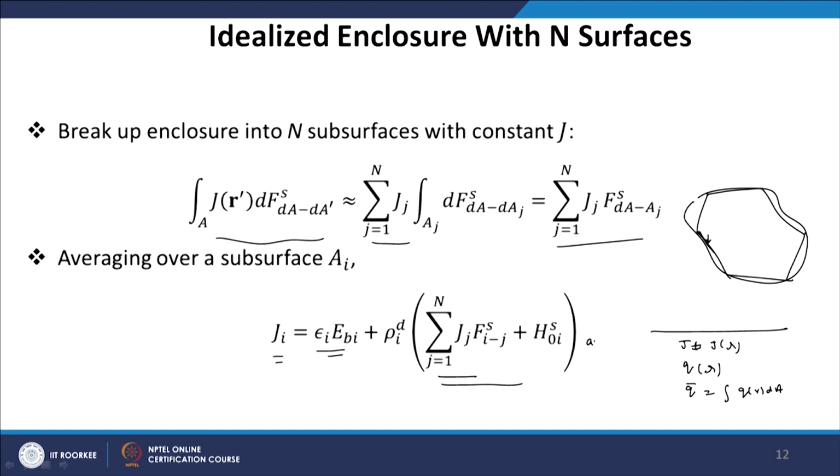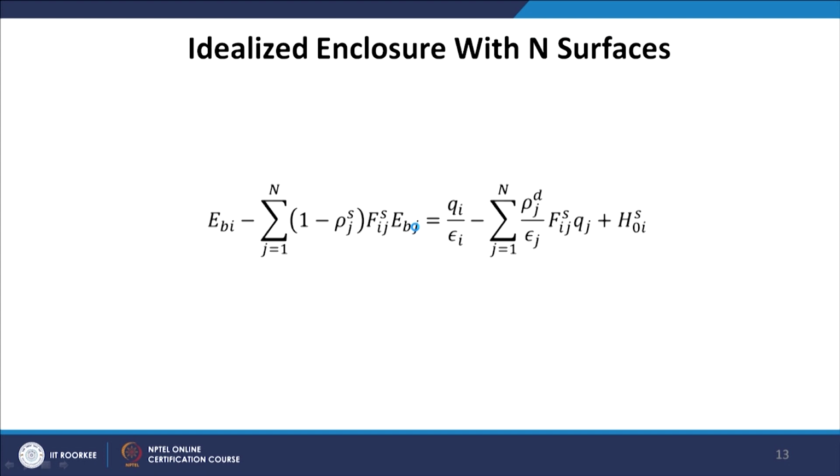This is the local value of radiosity, but on a given surface. Now, with just a few manipulations, we get the final equation for radiative transfer between gray, partially specular surfaces.